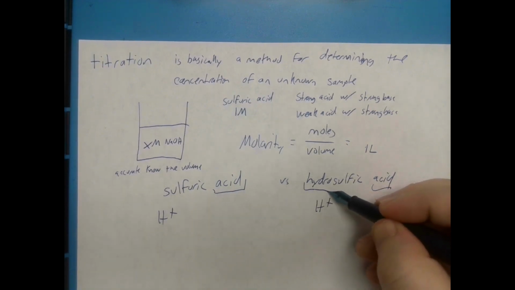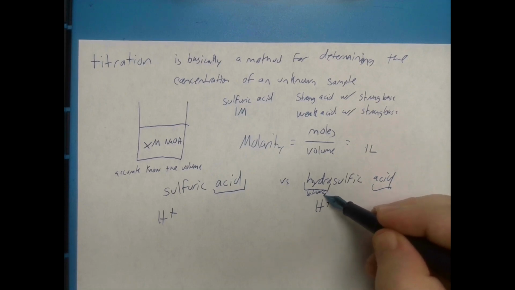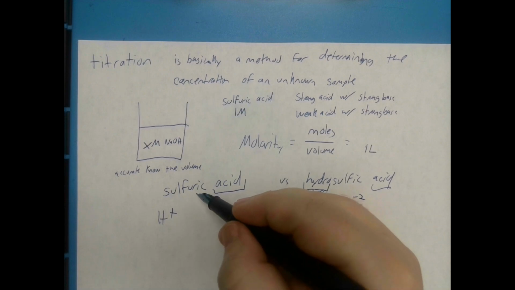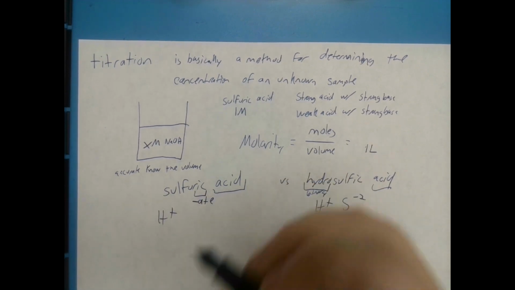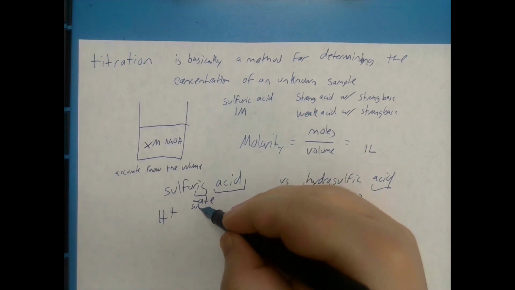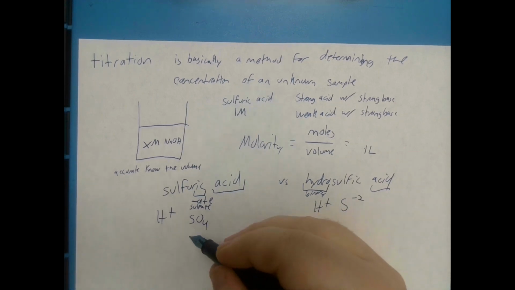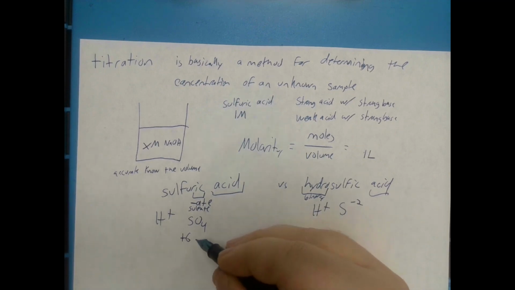The word hydro tells us it's binary, so it would only have an S. The word ic without hydro tells us it's an oxyacid, so it has sulfate. Sulfate is SO4. Sulfur is in group 6, so its oxidation number is +6.